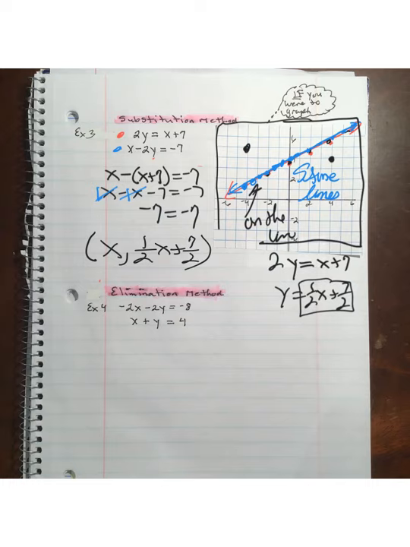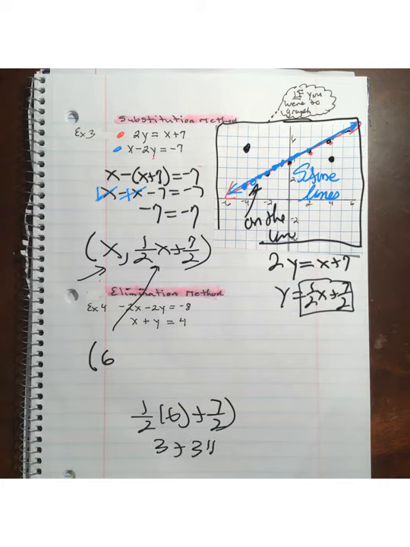So if I asked you, give me a solution, you could pick any number for x. For example, let's say we picked 6 for x. Then we could plug in 6 into there. So 1/2 times 6 plus 7/2: 1/2 times 6 is 3. Remember, this is 3.5, so that would be 6.5.